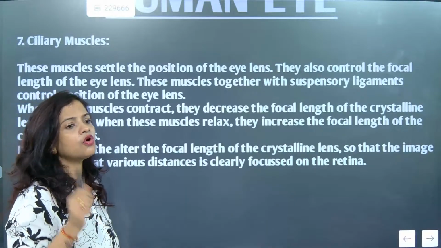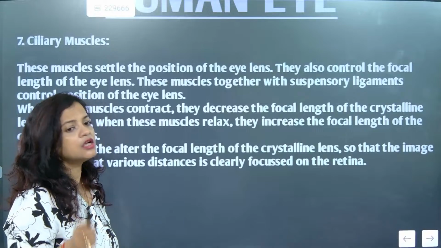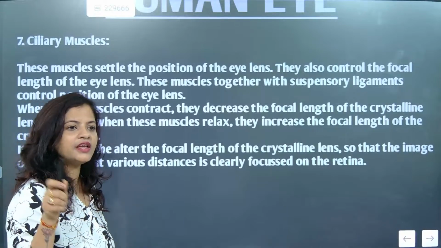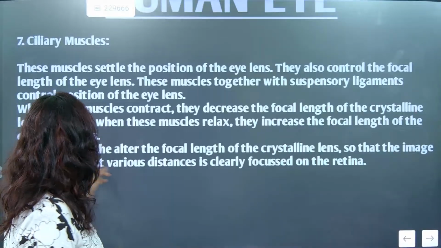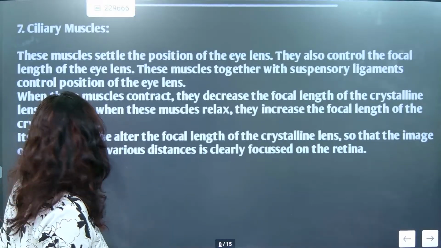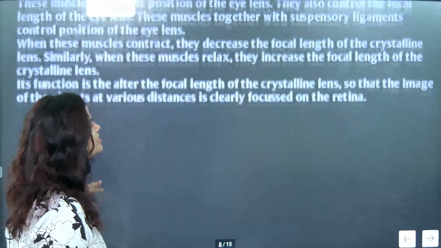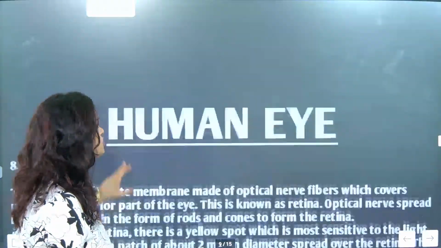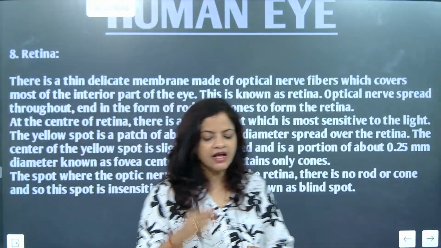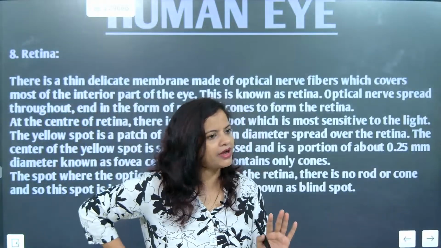Understood or not? So contraction decreases, relaxation will increase. Its function is to alter the focal length of the crystalline lens so that the image of the object at various distances is clearly focused. So if I want to focus, we will have to keep checking that the change is there or not. I hope you have understood.